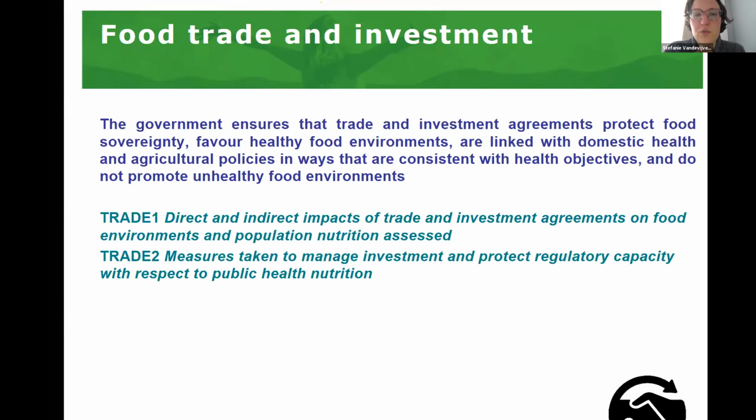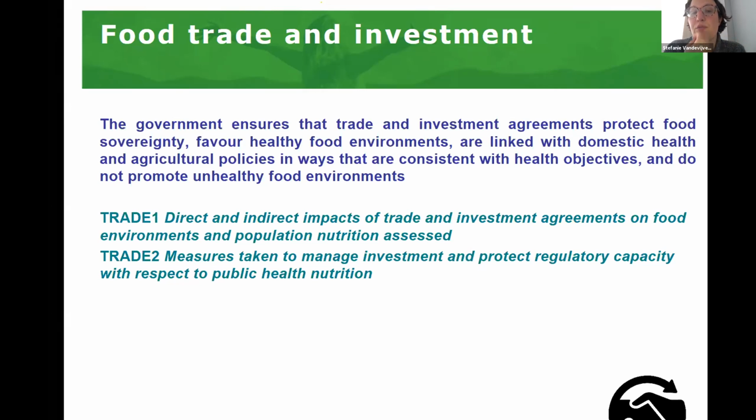It broadly covers 2 indicators. It looks at whether impacts of trade and investment agreements, so it can be existing or under negotiation, whether impacts on nutrition are included. That doesn't happen. We don't have really good examples of this.